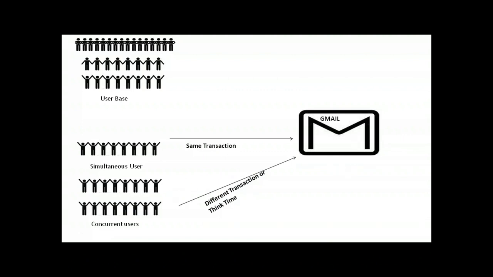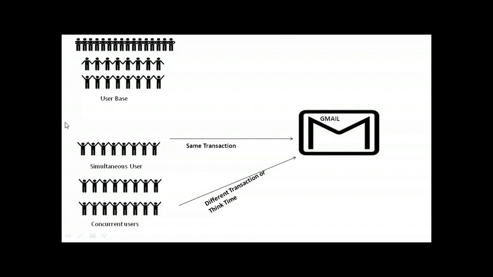They could be doing different things. Some are composing, some are deleting, some could be doing something else, but they are on the Gmail application. Then we call them concurrent users. Out of these concurrent users, there are some simultaneous users who are doing a certain transaction or functionality at the same point in time.